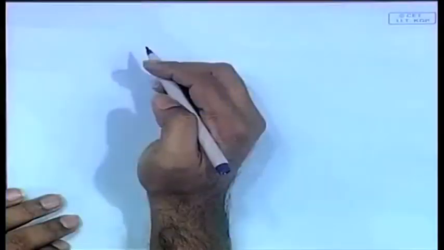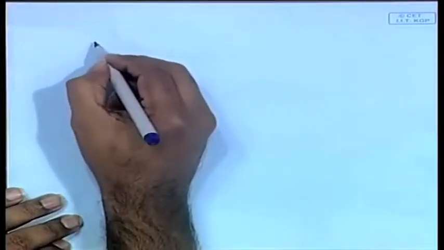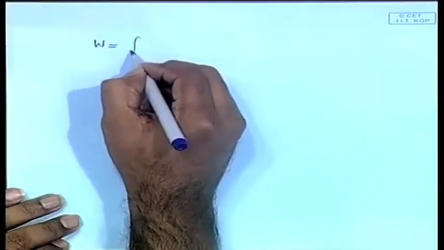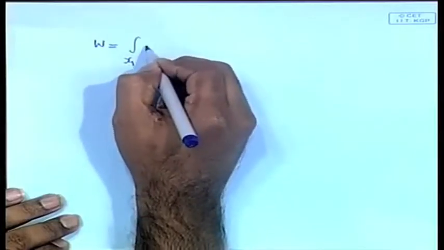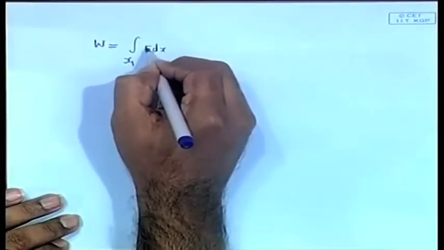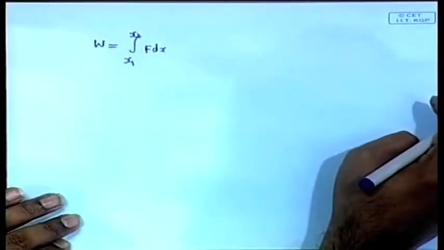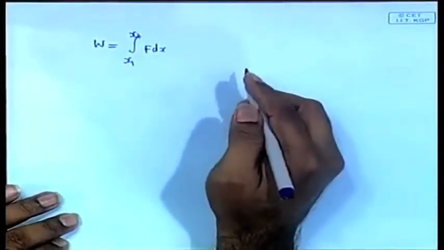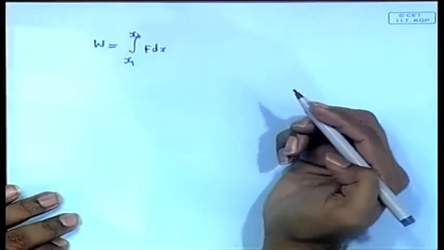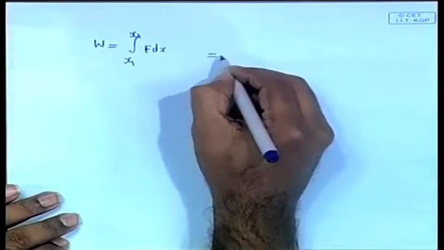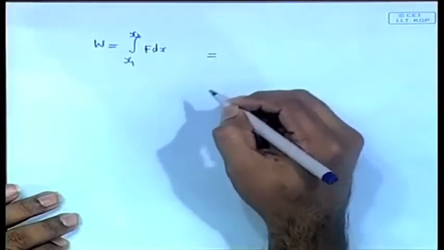We have seen that. Now we can derive it simply. First of all, you know that work done when some force acts between two distances x1 and x2 is given by the integral from x1 to x2 of f dx. This is straightforward. Now suppose that this dx is an arc, so instead of moving in a straight distance, it moves along an arc.